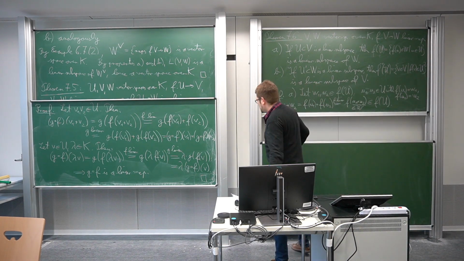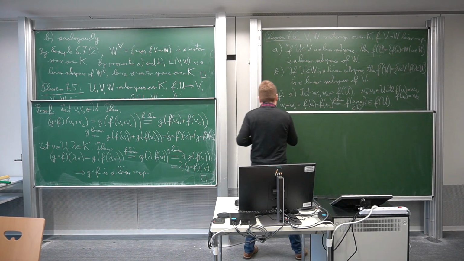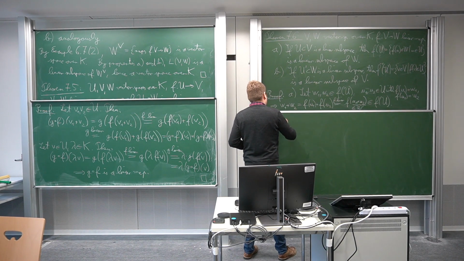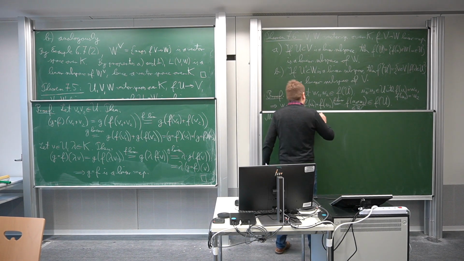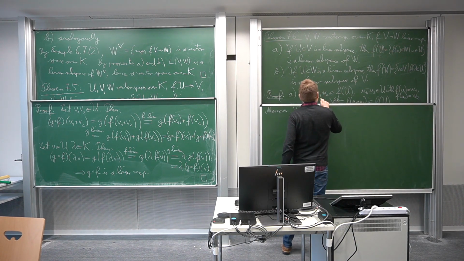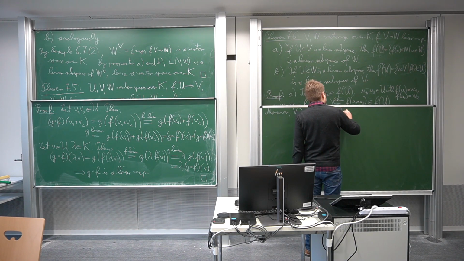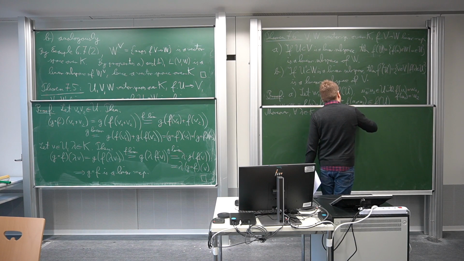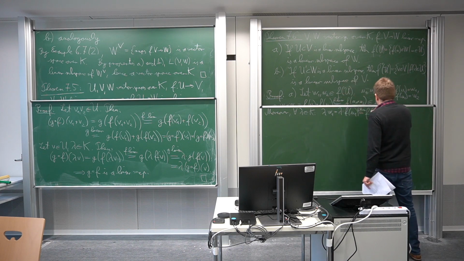Now for scalar multiples, it's basically the same way. Moreover, for all lambda in K, we get that if we just recycle these vectors w1 and u1, so I don't need to introduce them again, lambda times w1 is the same as lambda times f of u1, which is, by the linearity of f, the same as f of lambda times u1.